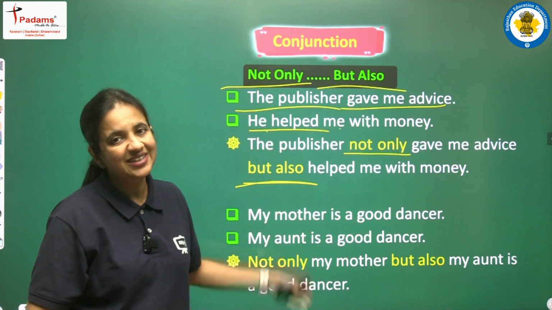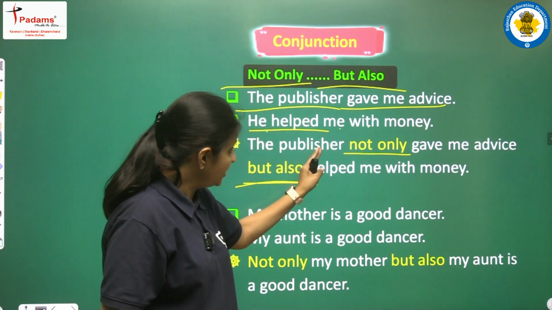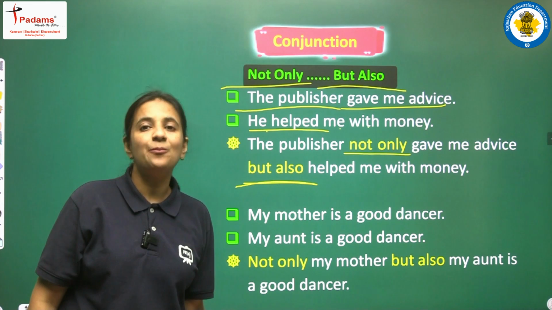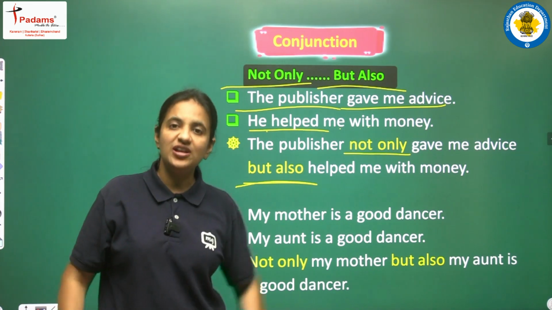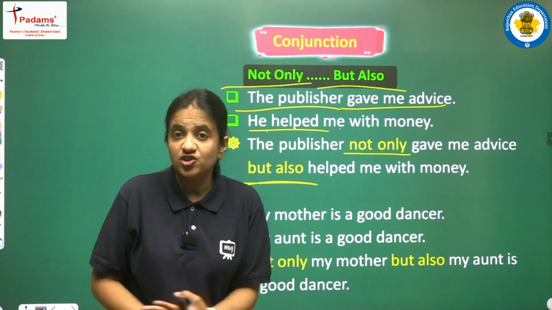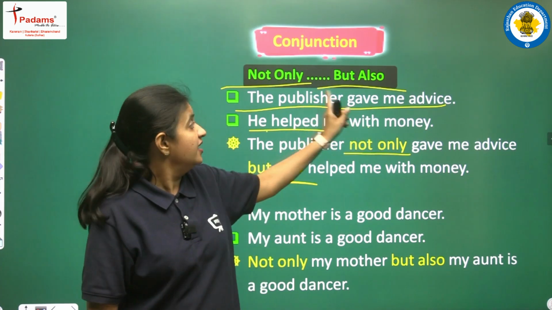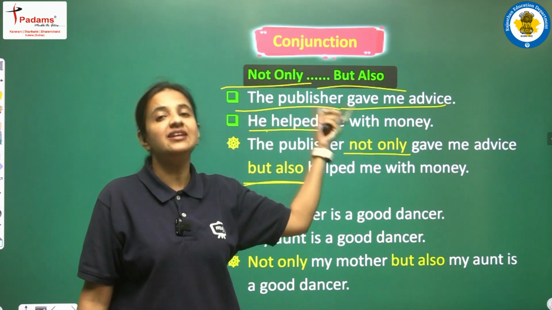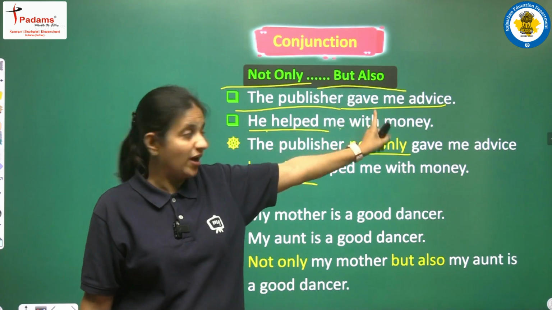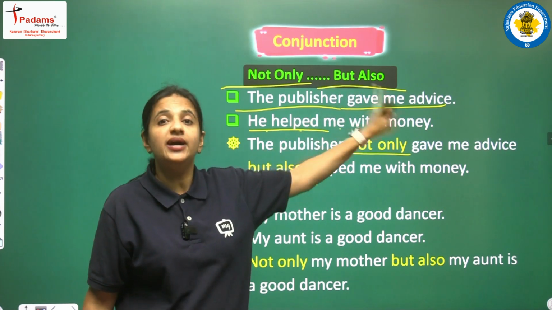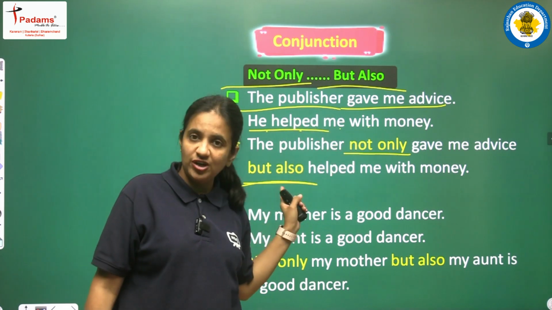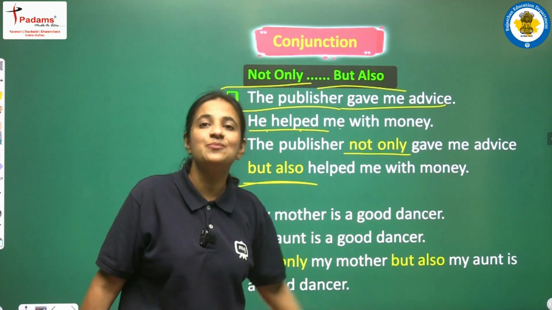So in this manner the complete sentence will be: the publisher not only gave me advice but also helped me with money. So yes, we can use "not only but also" in a sentence as a conjunction to show two things, right? Here we are showing two actions that were performed by the same person, the publisher. First he gave me advice, then he helped me with money. So these are the two actions that we are connecting here with the help of "not only but also".